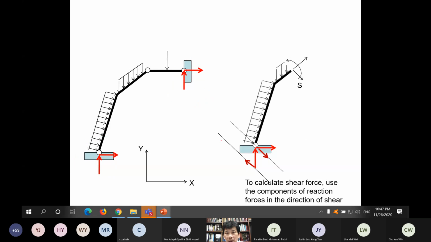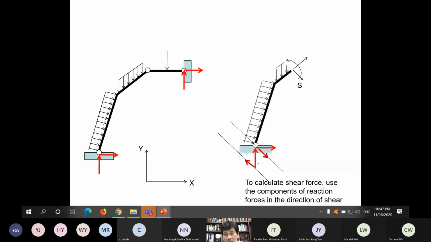If the actual force is like this, and for this member the shear is now changing direction, then to find the shear force in this member you need to find the component of this horizontal reaction force following the shear force direction.